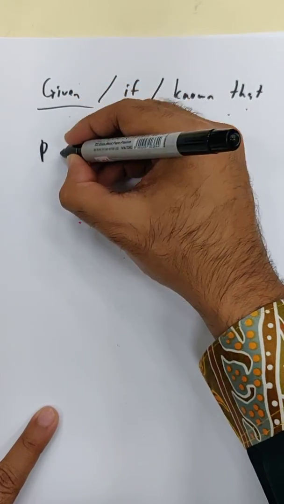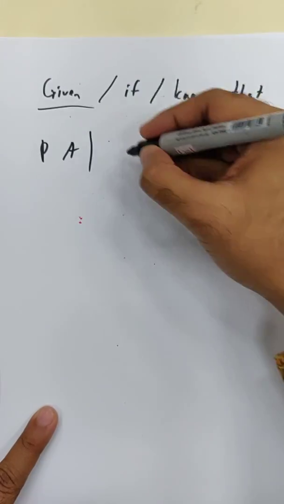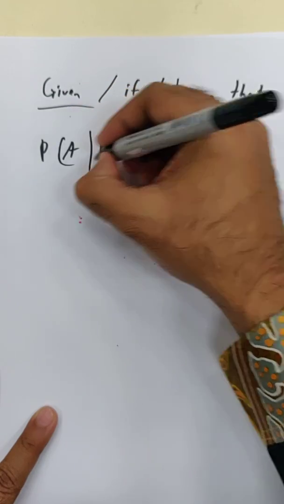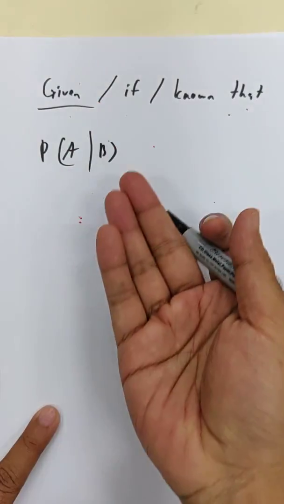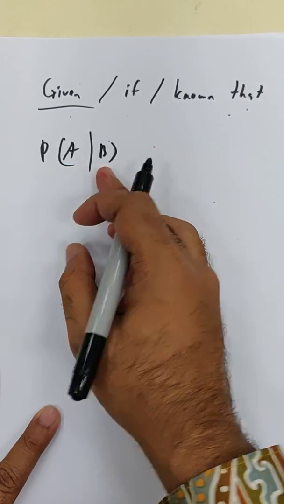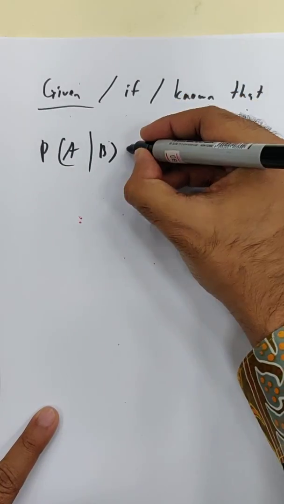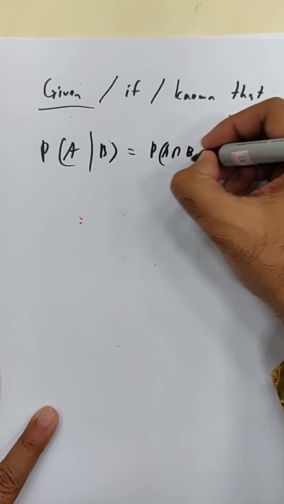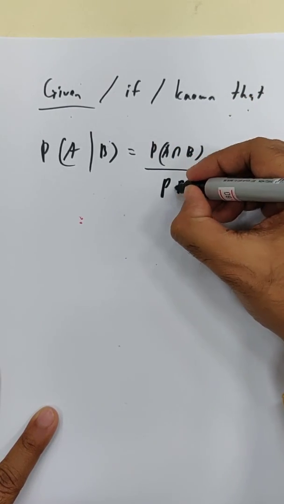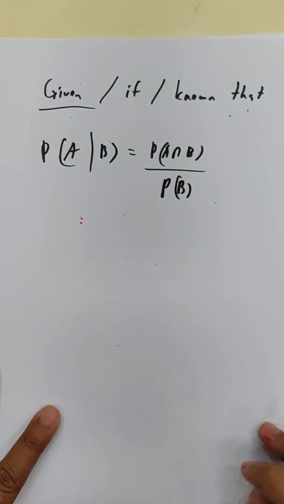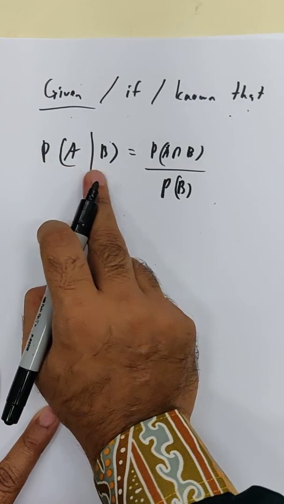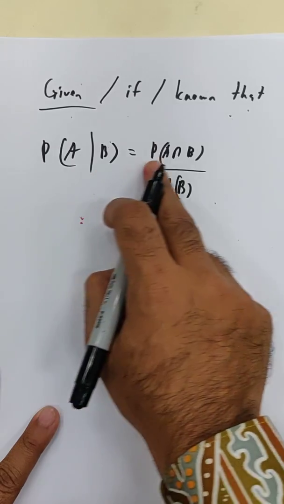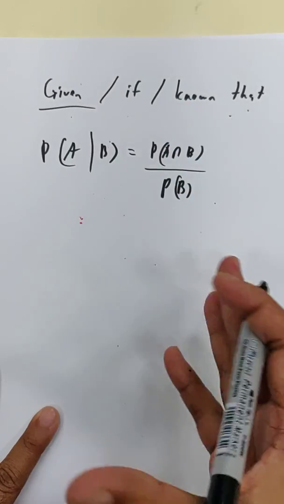If I write down to you P(A | B), this straight line is not a modulus. How we read it is P(A given B). What does it mean? It means P(A intersect B) over P(B). This is how we write things down. It's just this formula.